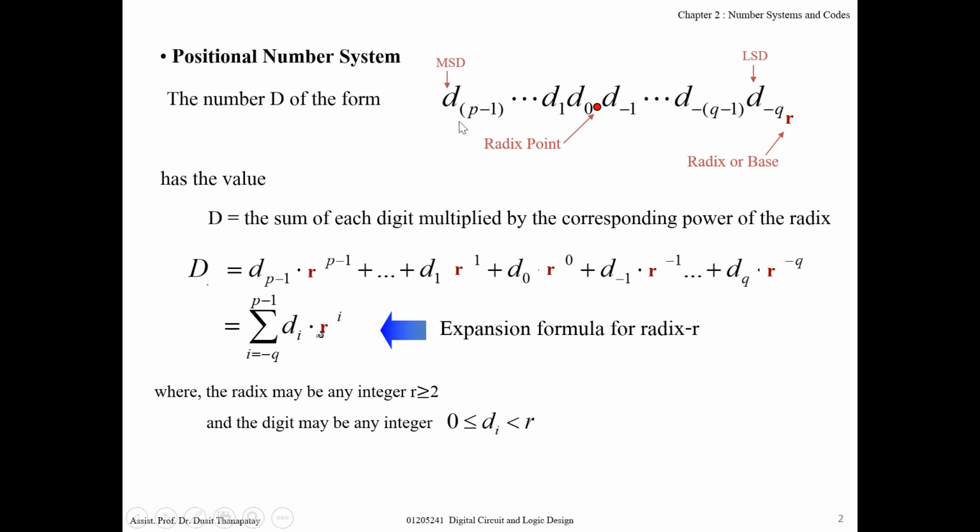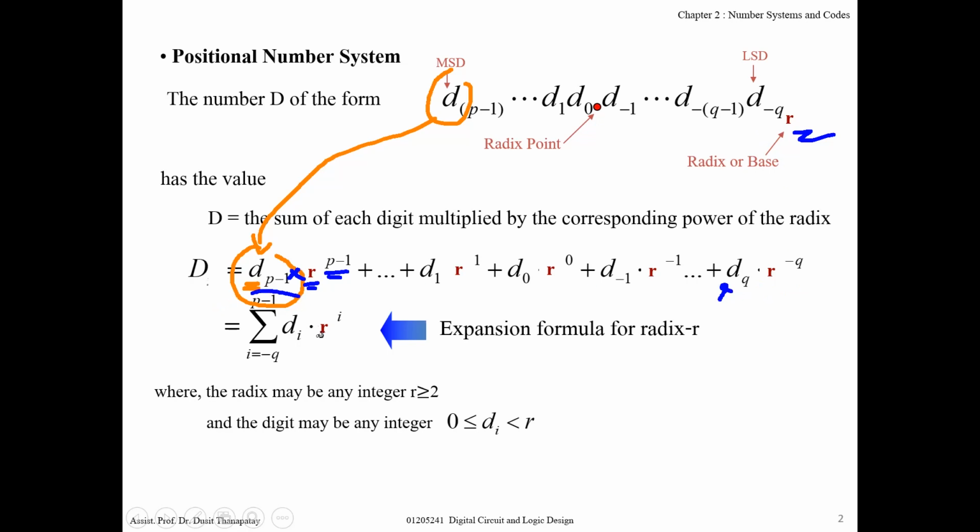Then if you want to know the value for radix or base R, you write it in this form: you treat each digit as a coefficient that multiplies the radix R raised to the power of its position, plus the next value, until you run out of coefficients.